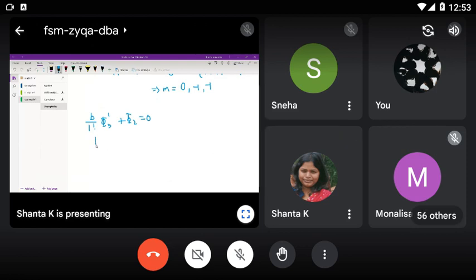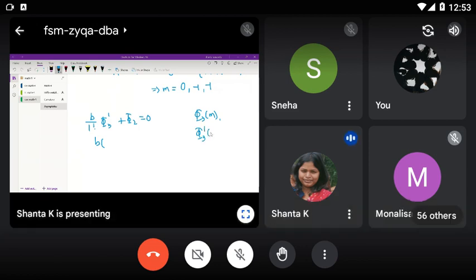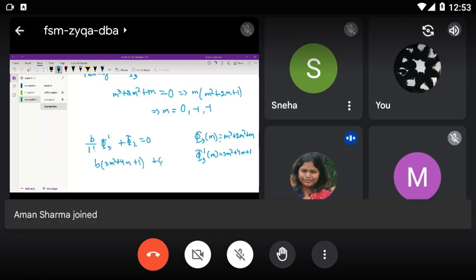Here the function is phi 3 of m. When I write phi 3 dashed, it is with respect to m. If it is m cube plus 2m square plus m, this will be 3m square plus 4m plus 1. So phi 3 dashed is 3m square plus 4m plus 1, and phi 2 is 0.